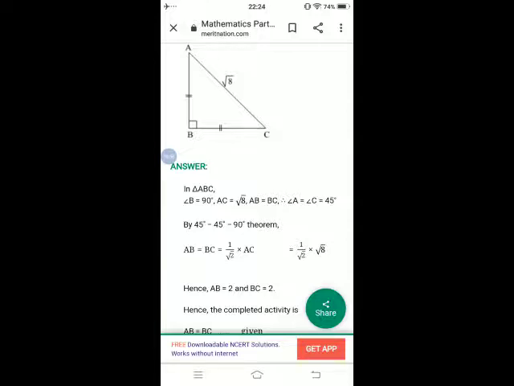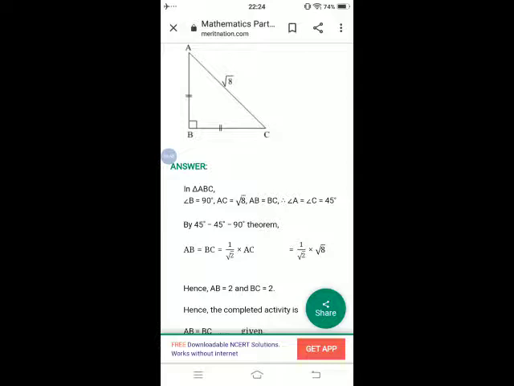So therefore AB is equal to BC is equal to 1 upon root 2 of the hypotenuse. And the hypotenuse here is given as AC, that is root 8. So 1 upon root 2 into root 8. So how will you find root 8? You can write it as 4 twos are 8. And when 4 is a perfect square, when you remove it from the square root, you get 2 root 2.